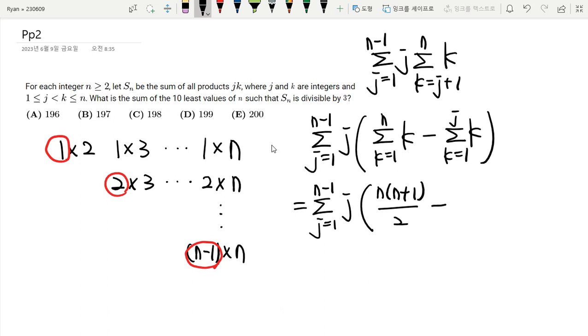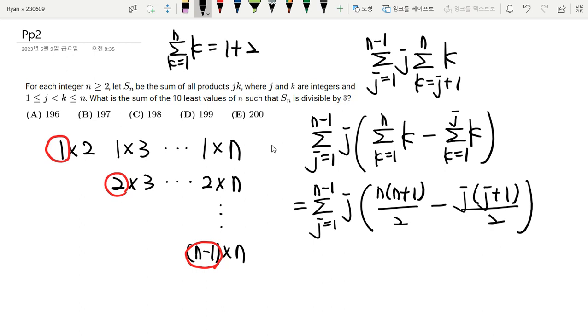And for the second sigma notation, to find the sum of 1 through j, let me say this way. This means we are adding 1 through n, right? This sigma notation means that, and the sum of this is n times n plus 1 divided by 2.